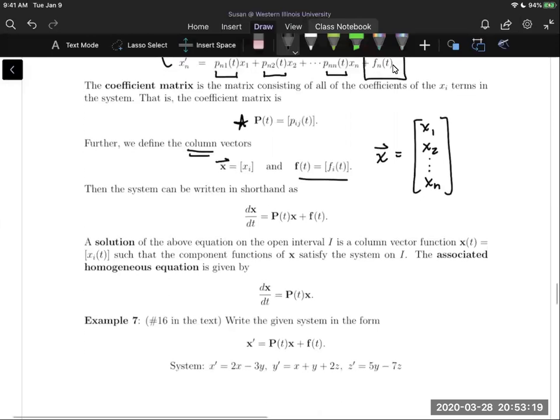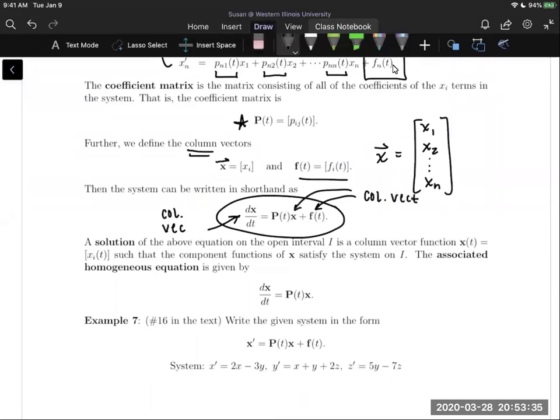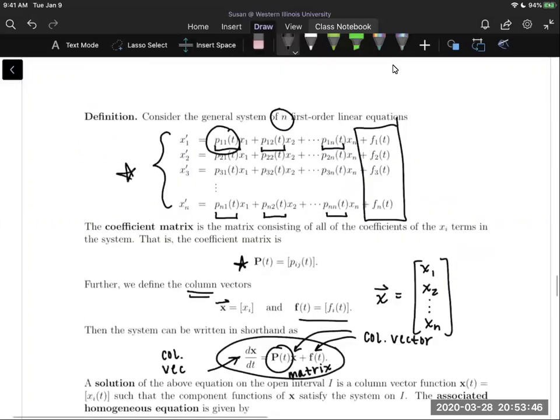Then we can write the system in shorthand using this notation. This guy right here is going to be a column vector, and this is also a column vector, and then this is a matrix. All right, so we're able to condense this somewhat ugly looking system up here to a much more convenient looking matrix setup.